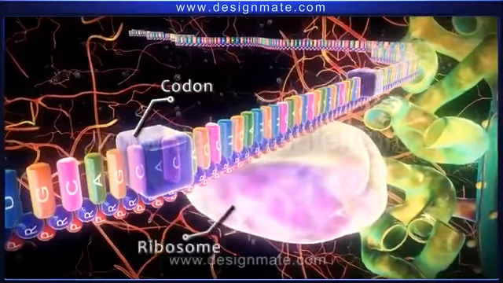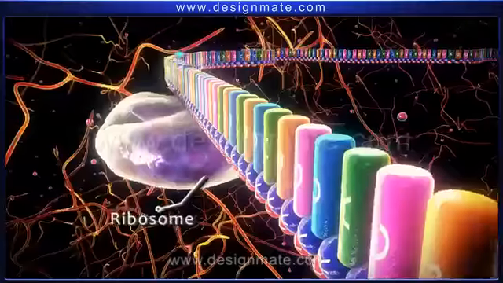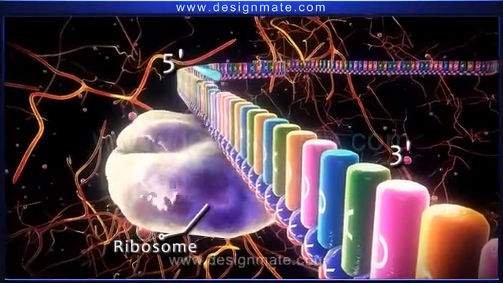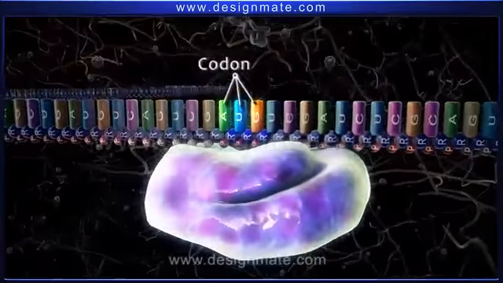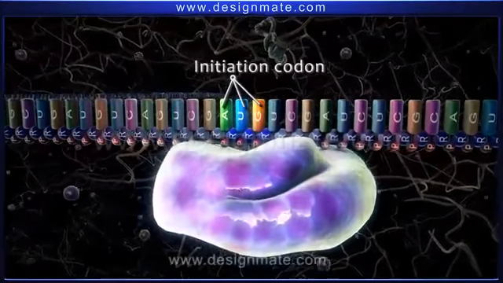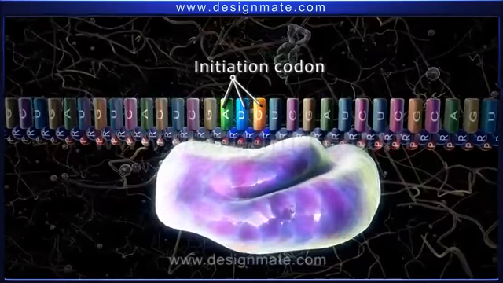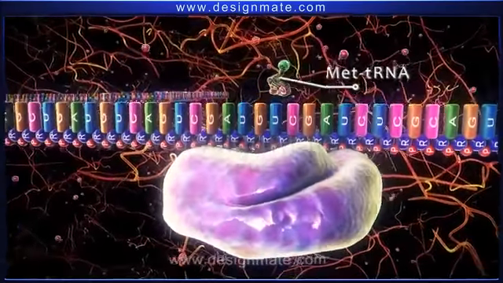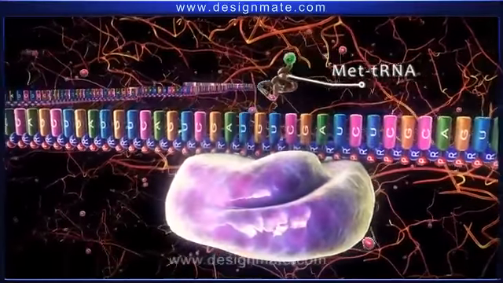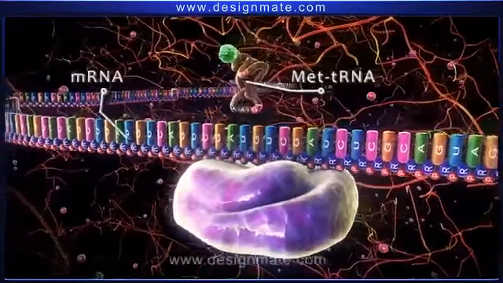Then the ribosome subunit moves along the mRNA in the 5' to 3' direction until it recognizes the AUG codon, or the initiation codon. At this point, met-tRNA, possessing the anticodon UAC, pairs up with the AUG codon of the mRNA.